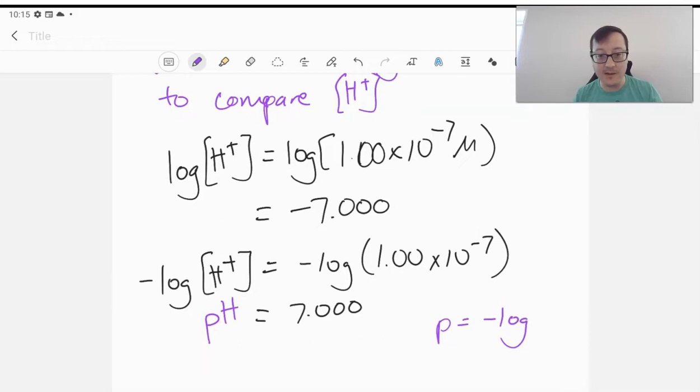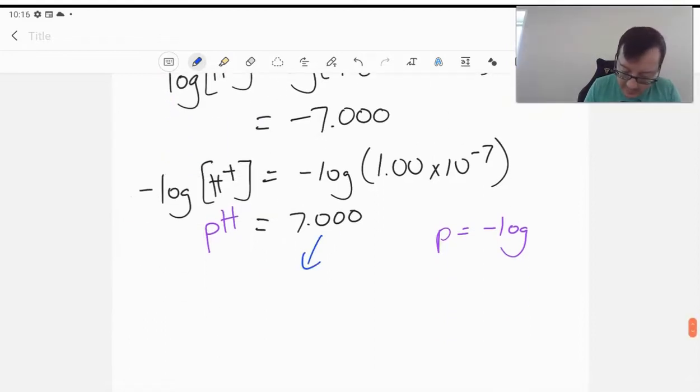You're probably noticing that I've put 3 zeros here. This 7.000 only has 3 sig figs. So remember our sig fig rules for logarithms, which we kind of glossed over, is that for logs, only numbers after the decimal are significant. So I'm just going to point that out here.